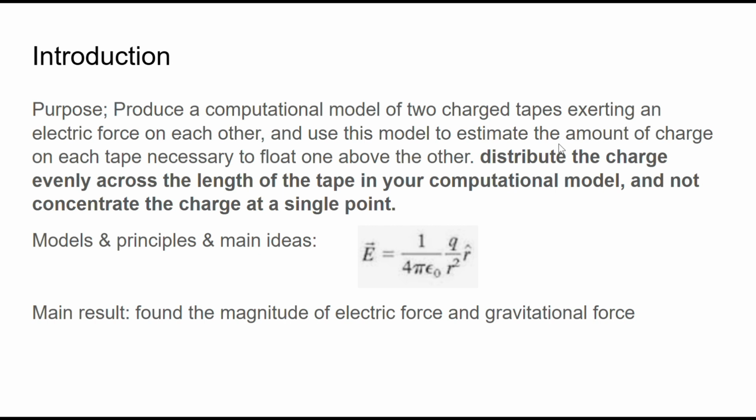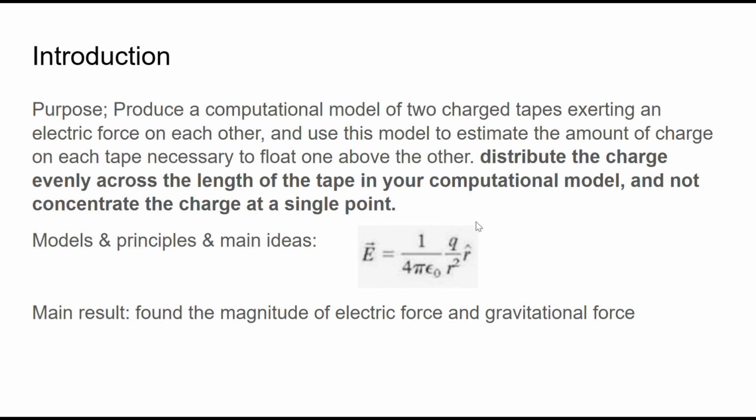So this is the formula for an electric field. Basically this is K, which is the constant, and this is Q, which is the source charge, and then this is R, which is the observation location minus the source location.